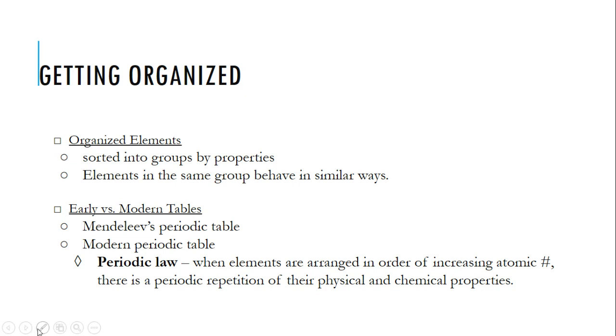If you are an element and you are in a group, which is the vertical columns, remember? The up and down columns on the periodic table, they share the same properties. Now, as you go from left to right across the table, those characteristics vary greatly from one end to the other. So anything that is in the same group will behave in a similar way.